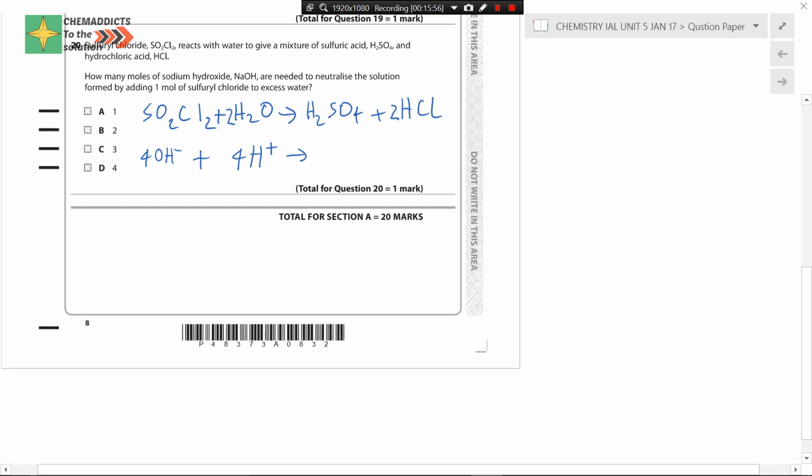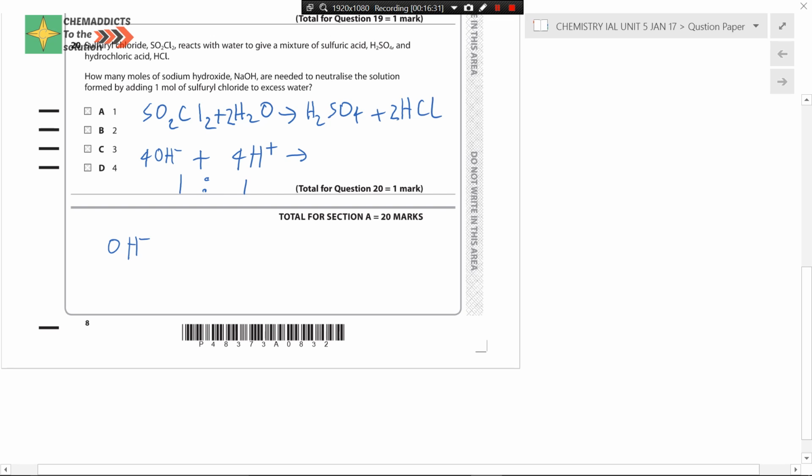We already know that in a neutralization reaction, the same number of moles of hydroxide ion neutralizes the same number of H plus ions, that is, the mole ratio of hydroxide ion to H plus ion should be 1:1.